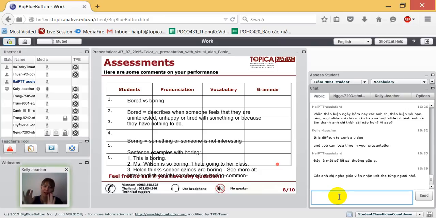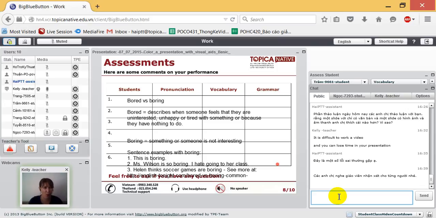Now, we didn't mean to say that, because maybe they did look boring. Depending on the context, we might say, wow, what a boring group of people. But if they were engaged, and then suddenly they were like, I'm not following you anymore, they would be bored. Bored describes when someone feels uninterested, unhappy or tired because there's something they have to do.